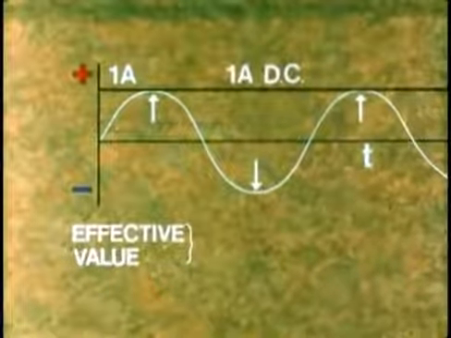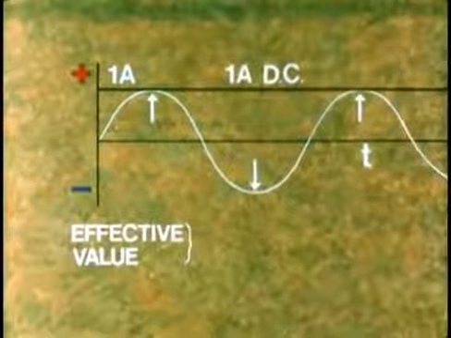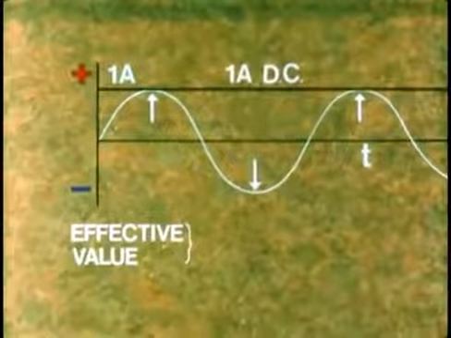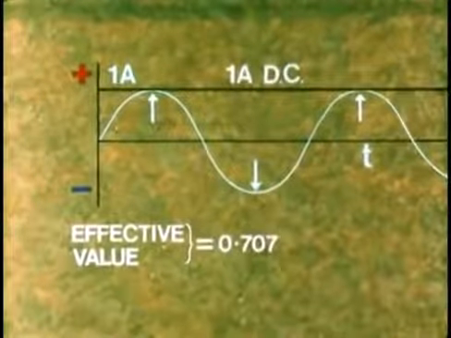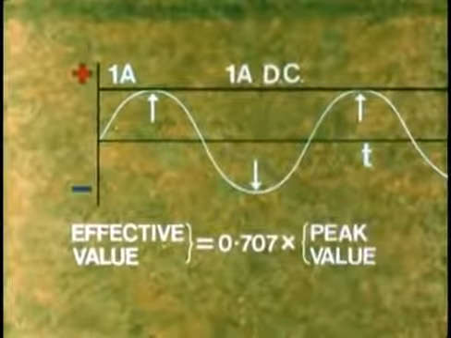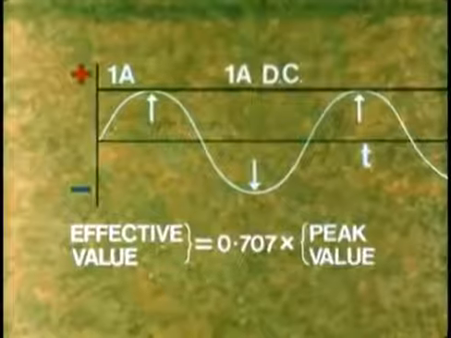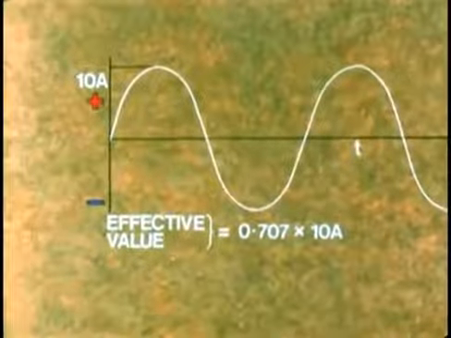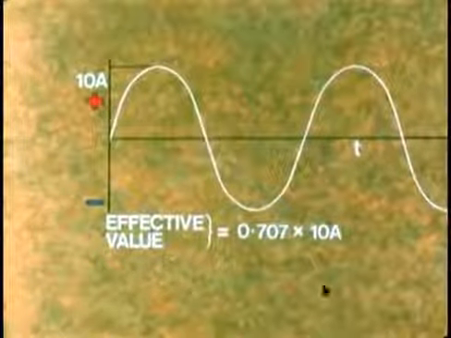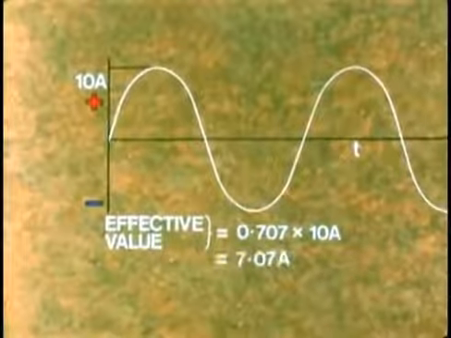In fact, there's a formula for the effective value of the alternating currents or voltages. Its effective value equals 0.707 times peak value. For example, an AC of peak value 10 amps has an effective value of only just over 7 amps.